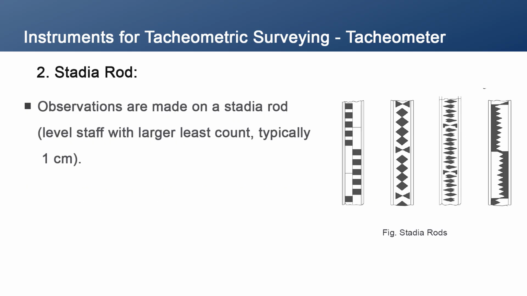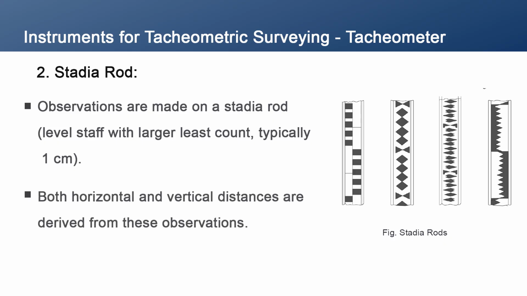When using a tacheometer, observations are made on a stadia rod, also known as level staff. This rod typically has a small least count, usually around 1 centimeter, which gives a higher degree of accuracy. From these observations, both horizontal and vertical distance can be easily computed.